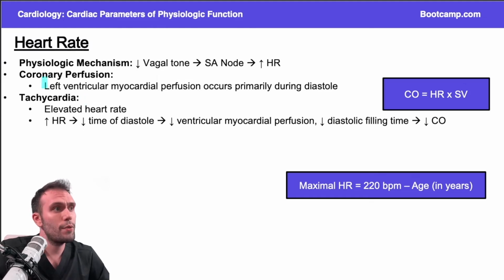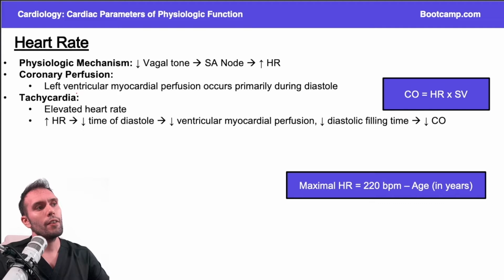Now, I also want to remind you that coronary perfusion, so when we're talking about the perfusion of the heart, is primarily going to happen during diastole. And this is particularly true for the left ventricle. You can imagine that in systole, the pressures are going to be very high in the left ventricle. We're having a contraction, generating very high pressures.